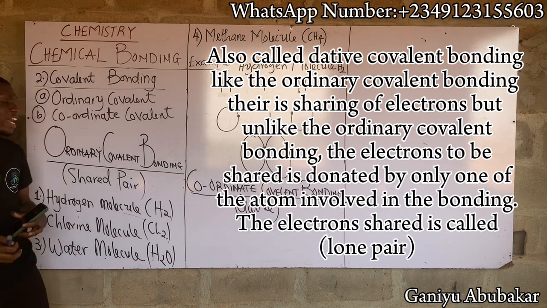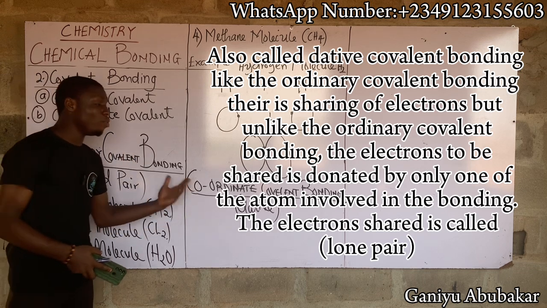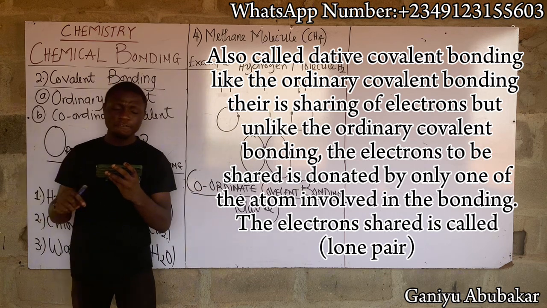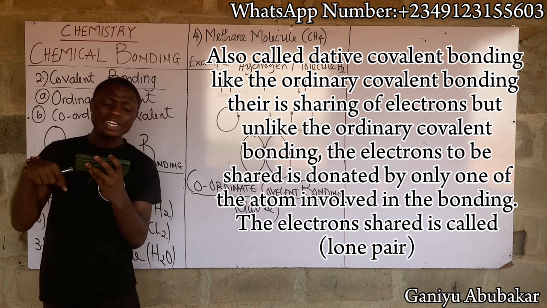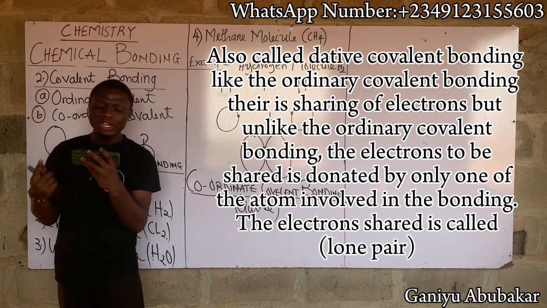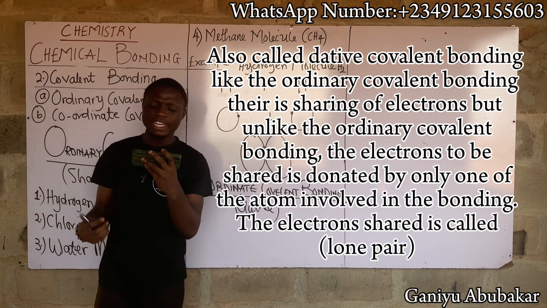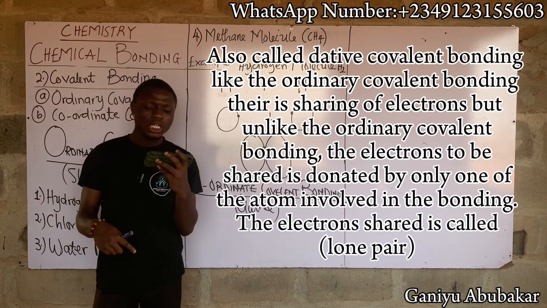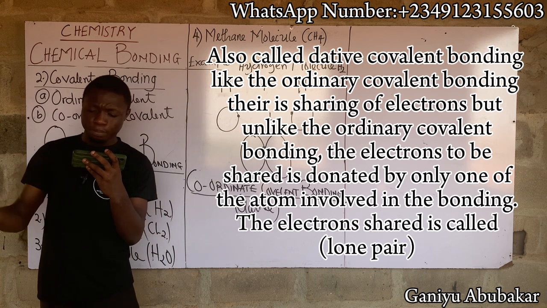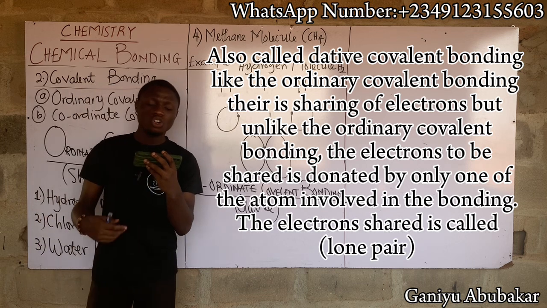Very important: either I call it dative covalent bonding or I call it coordinate covalent bonding, it is still the same thing. Like the ordinary covalent bonding, there is a sharing of electron. But unlike the ordinary covalent bonding, the electron to be shared is donated by only one of the atoms involved in the bonding. The electron shared is called the lone pair.